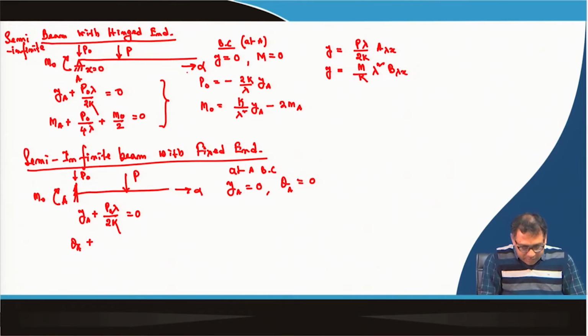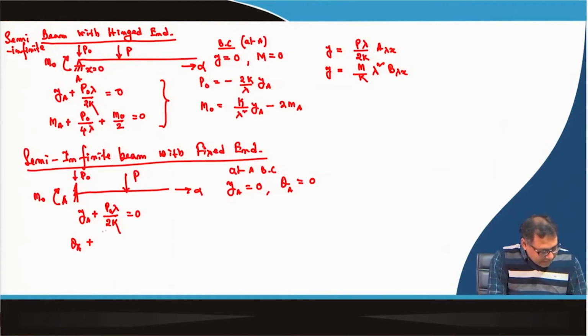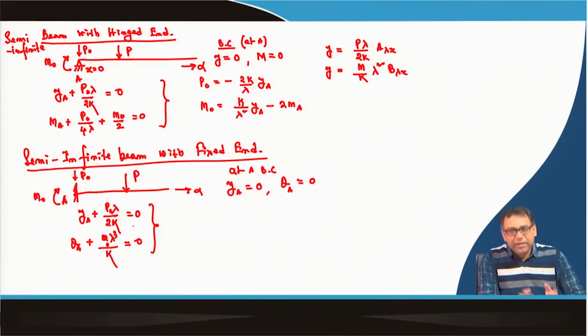So, this will not come, but the theta contribution due to moment M0 will come, and that is M lambda cube by k into C lambda x, which is 1 here at x equal to 0. So, I can write this as M0 lambda cube by k, and that is equal to 0, because ultimately the net deflection and the slope will be 0.